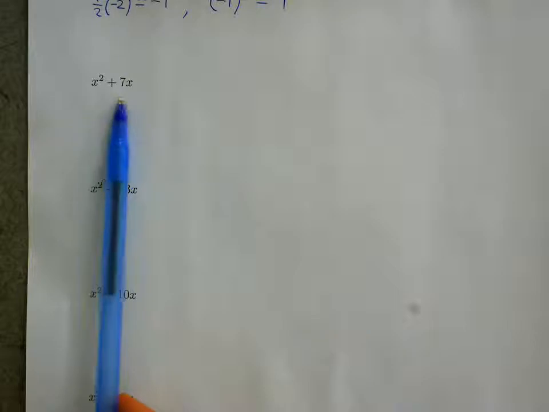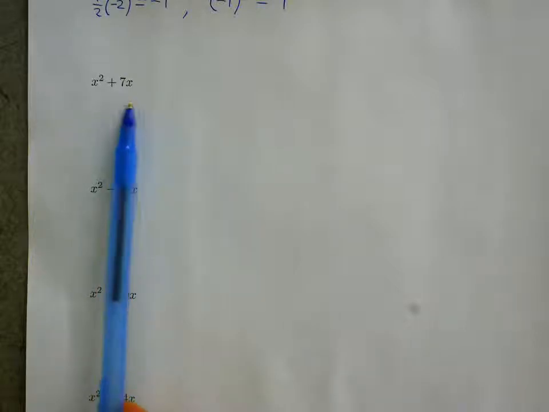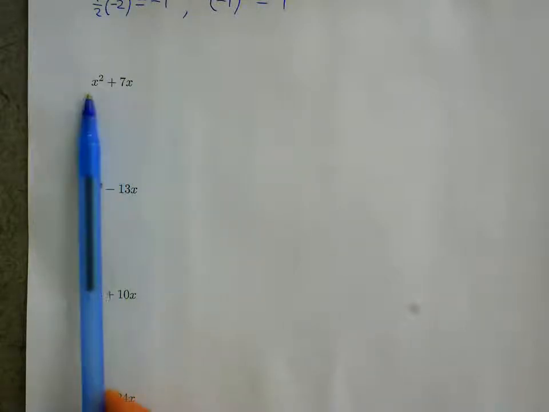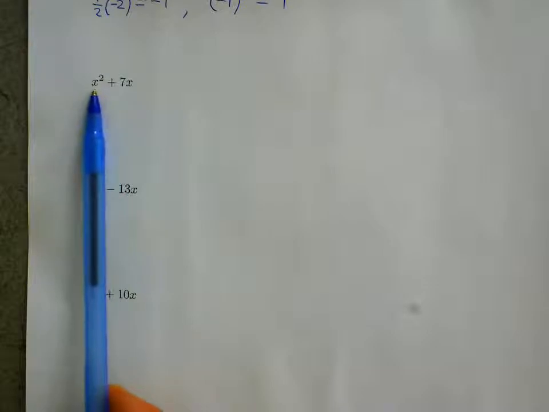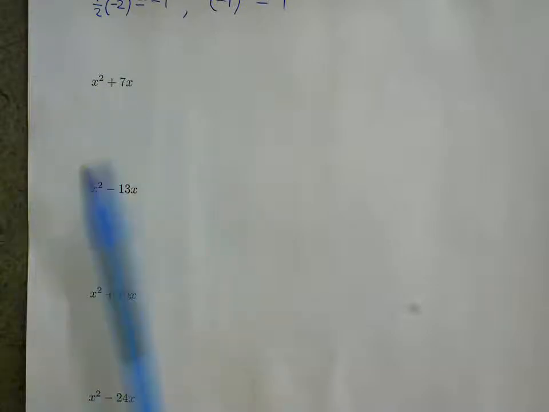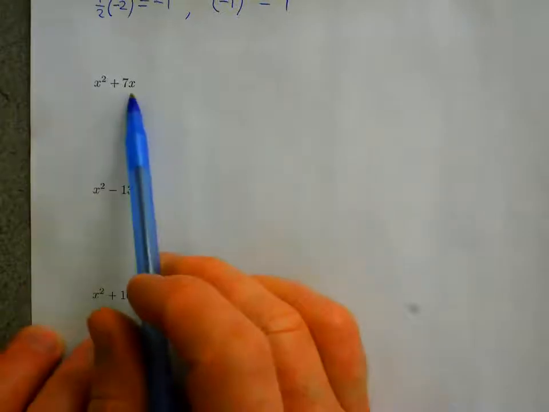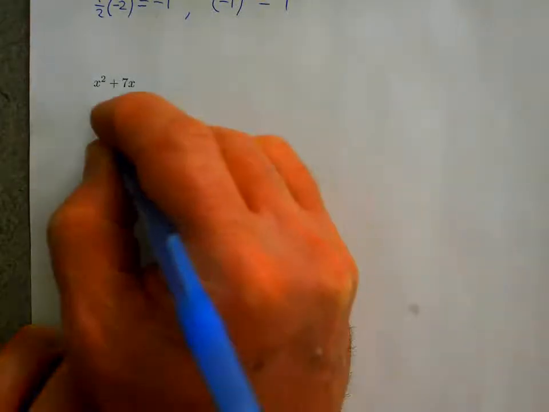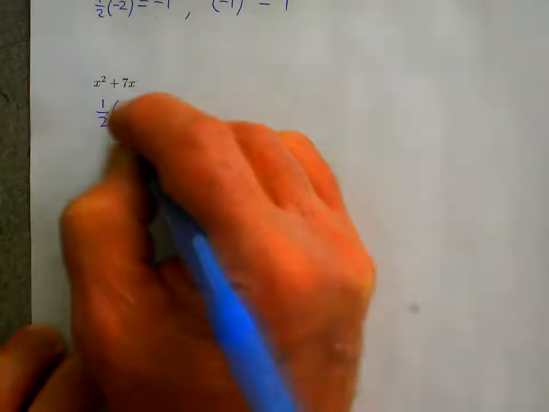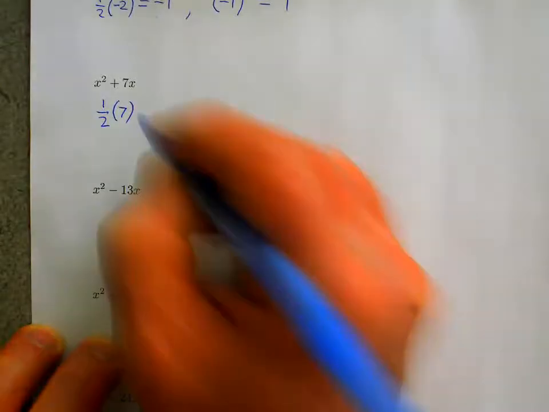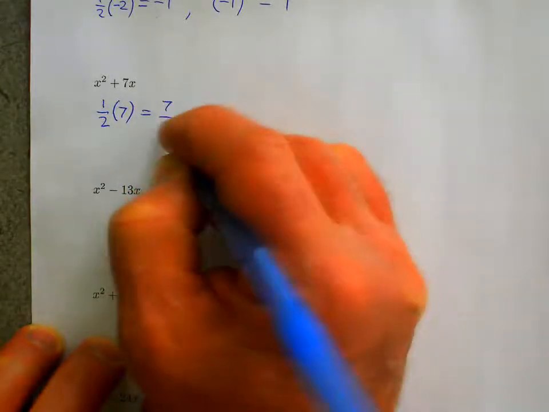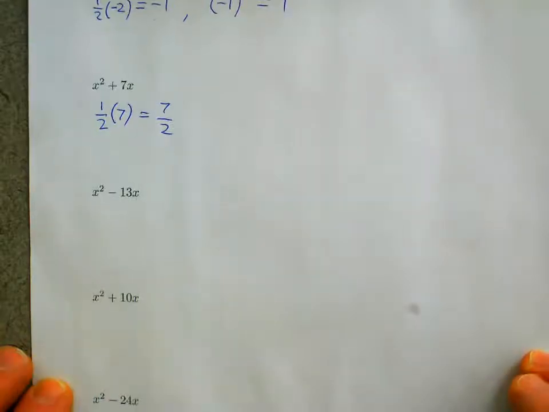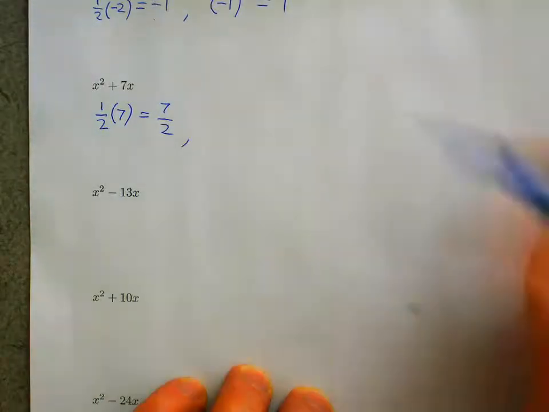x squared plus 7x. Well, the first part, x squared, the coefficient of x squared is 1, so we proceed to the second step. The coefficient of x is 7, so we compute 1/2 of 7. 1/2 times 7 is 7/2. Then we square that number.